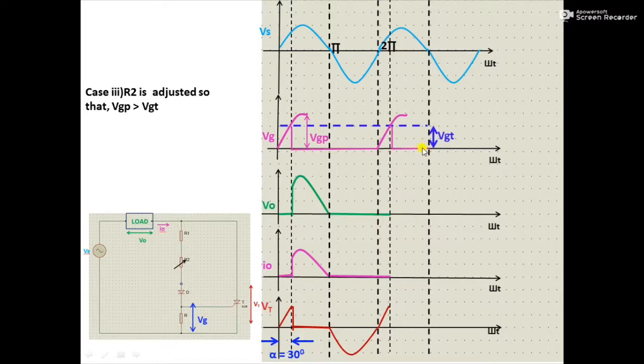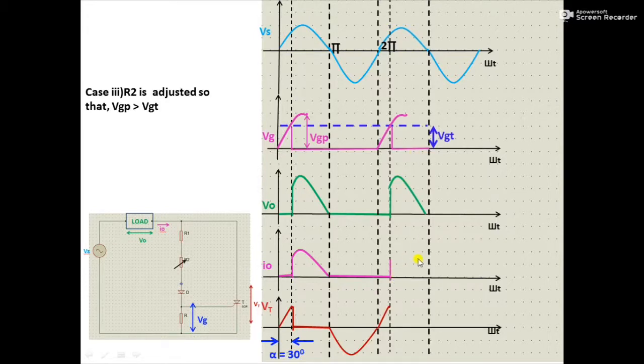So it will continue to be 0 till the thyristor is turned on again, that is, till the next positive half cycle comes. Once the thyristor turns on, the gate loses its control over the thyristor, and now your voltage would be the same as the positive half cycle, because your thyristor has turned on.